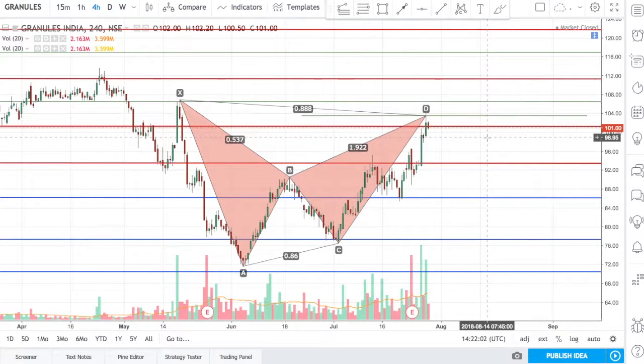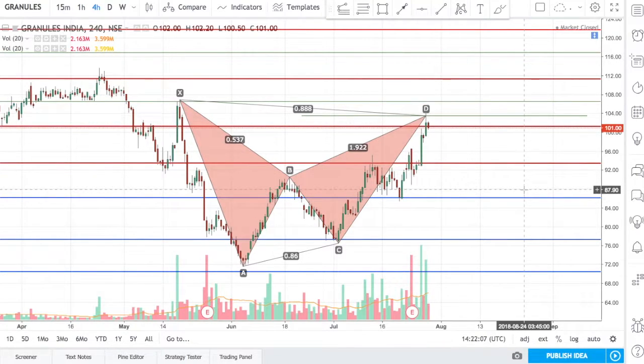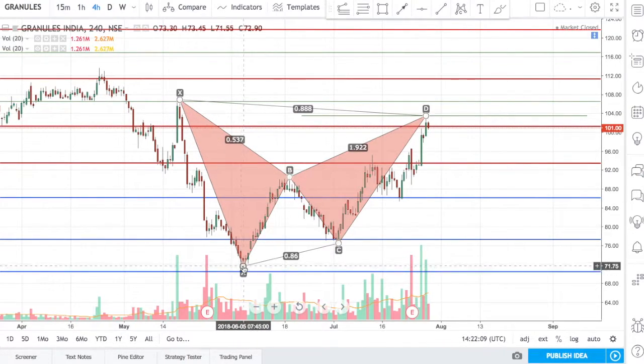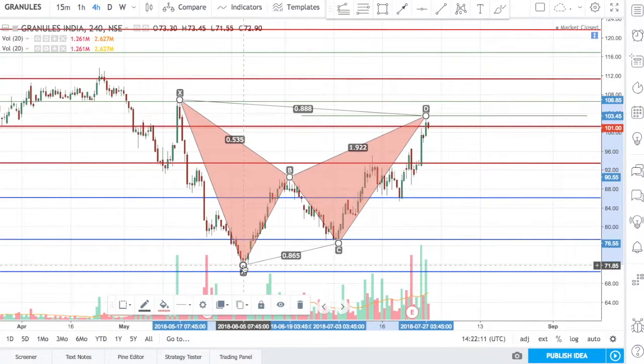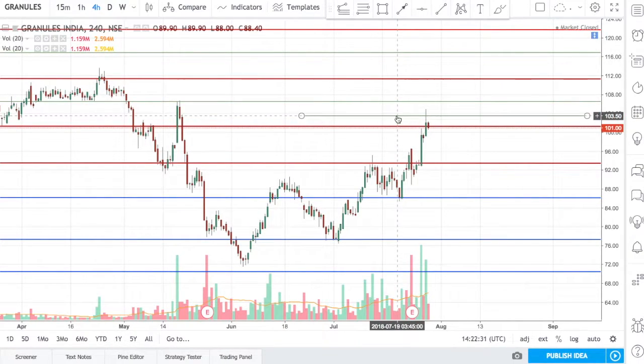Before that, let me take this pattern off the chart. I will draw it after highlighting the supporting factors. Just keep in mind, this is our completion point on that pattern.